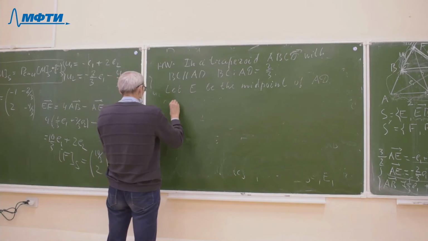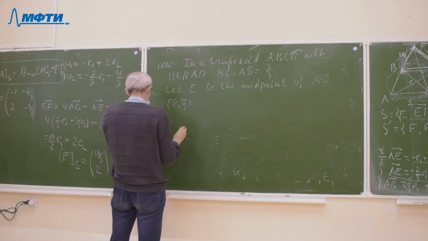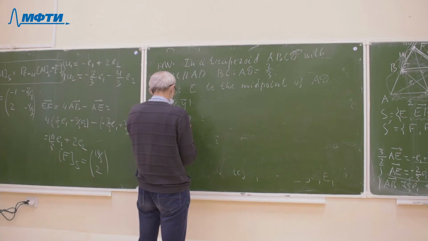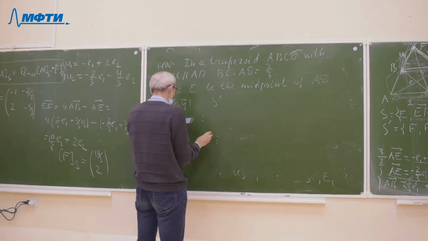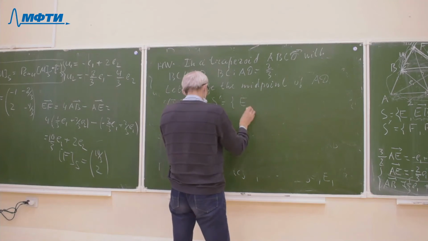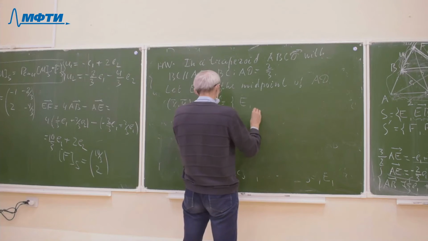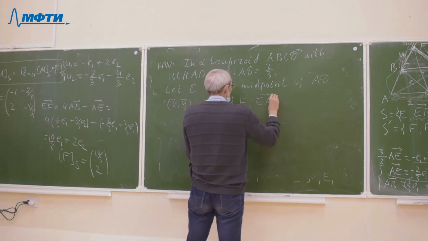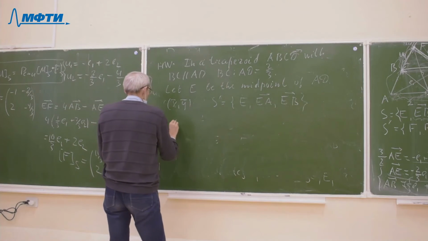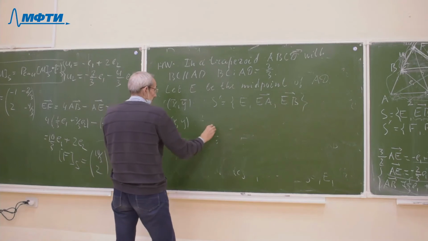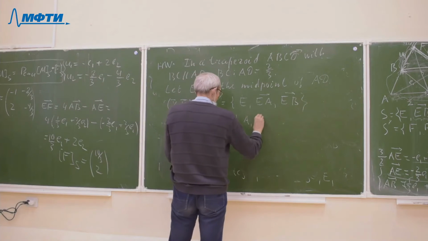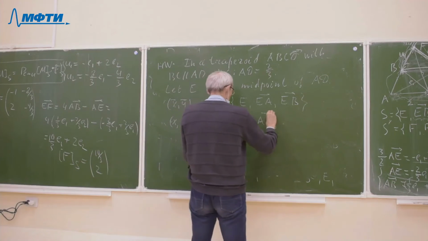Find the coordinates of the point in the coordinate system S prime, E, EA, EB, and express the coordinates in the old coordinate system A, AB, AC.